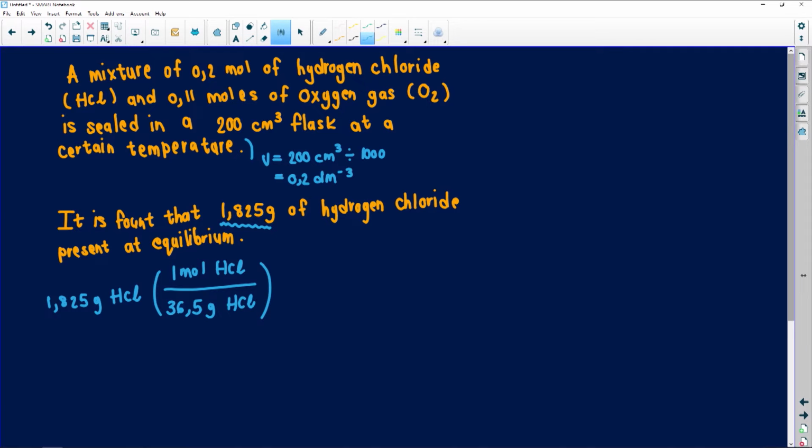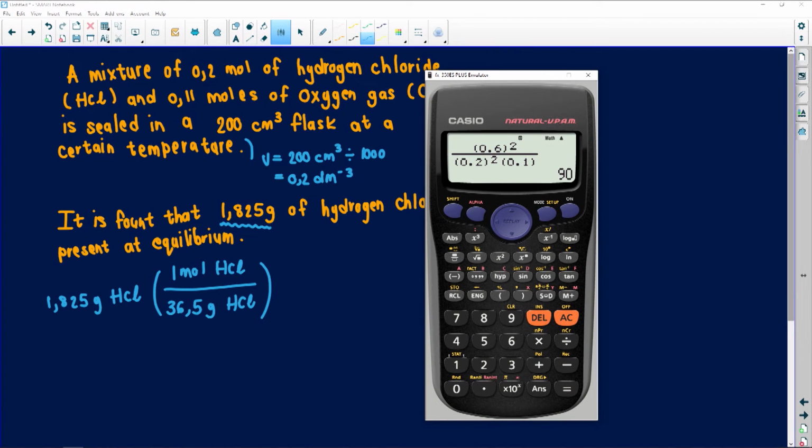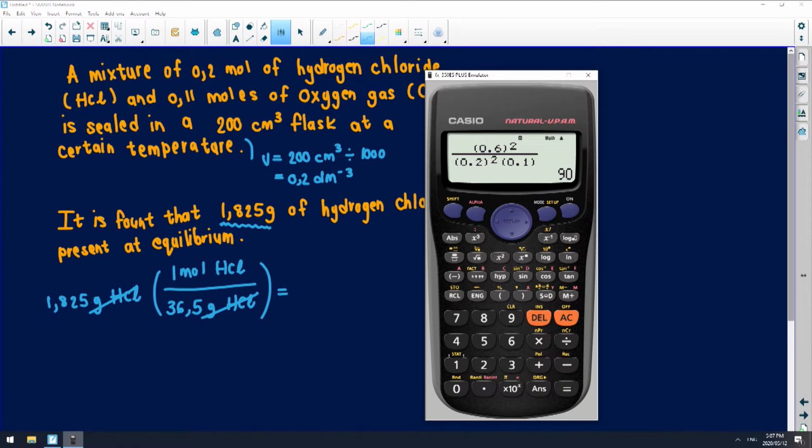Let's see what I get if I put these on a calculator. So now let's calculate the moles. How do I know I've got moles? The grams of HCl will cancel the grams of HCl, and I'm only left with the moles of HCl. Let's calculate that. At the top, remember this is over a 1, I've got 1.825.